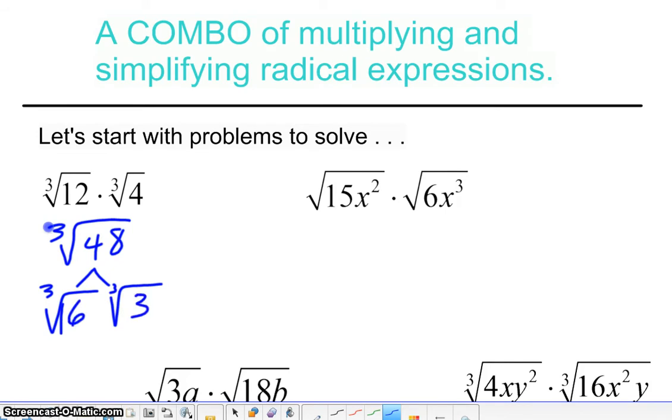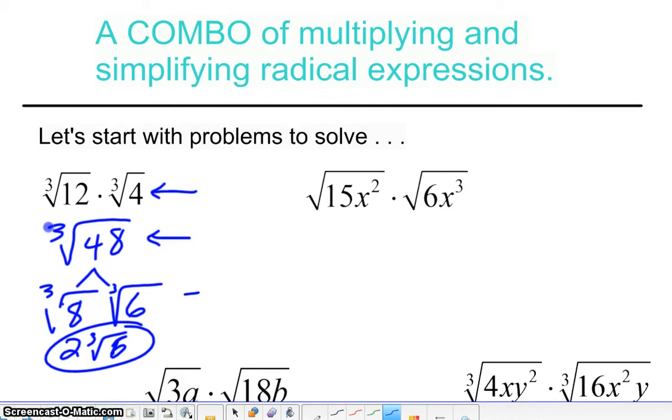So now I can say, well, I didn't mean that. So 8 and 6. 8 is a perfect cube, so we can say 2 cube root of 6 for the final answer. And again, this is called simplified radical form. They are apart, and then you can put them together and then do simplified radical form for the rest.